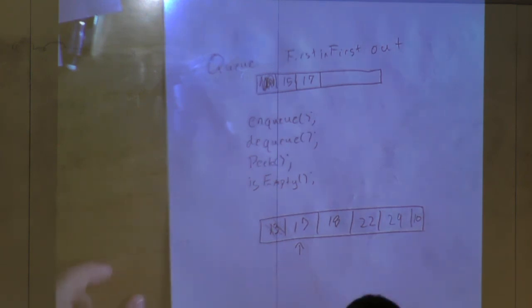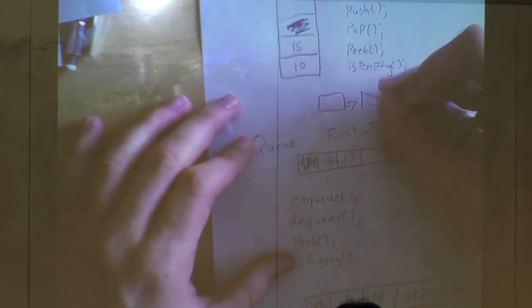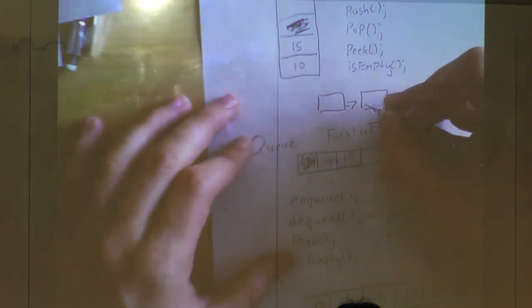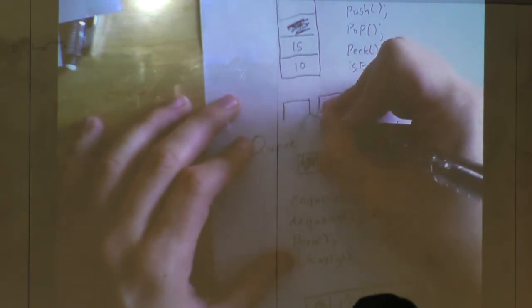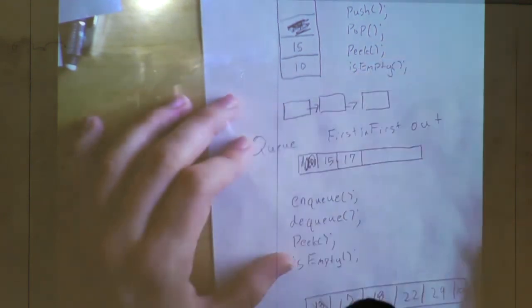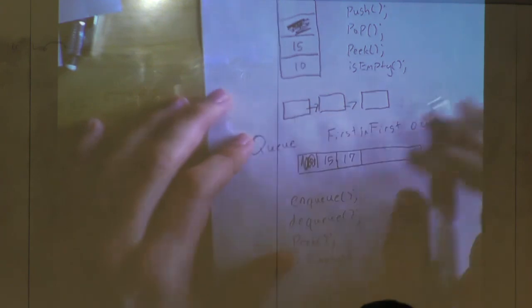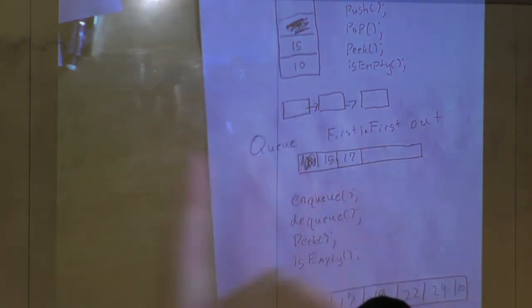So that would be for a stack, because if you insert at the head, you'll get something like this, where this was the head. Then if you insert at the head, you're going to get another element like this. Now this is the head. So whatever element was inserted last will be the first thing that you pop.